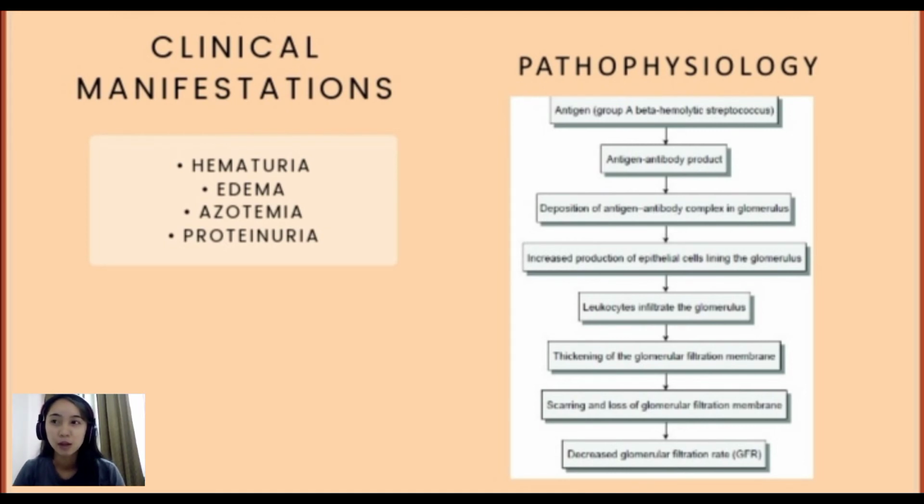Pathophysiology of primary glomerular disease starts with antigen, group A beta hemolytic streptococcus, resulting in antigen antibody product, deposition of antigen antibody complex in the glomerulus, increased production of epithelial cell lining in the glomerulus, leukocyte infiltration of the glomerulus, and then thickening of the glomerular filtration membrane, scarring and loss of the glomerular filtration membrane, and then decreased glomerular filtration rate.